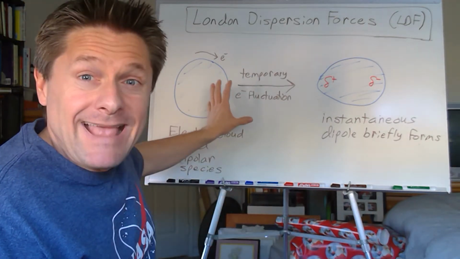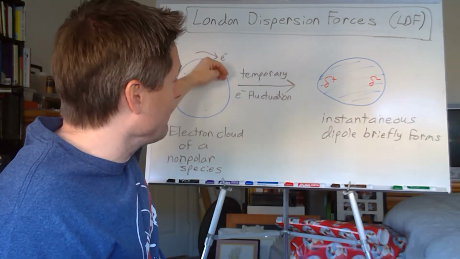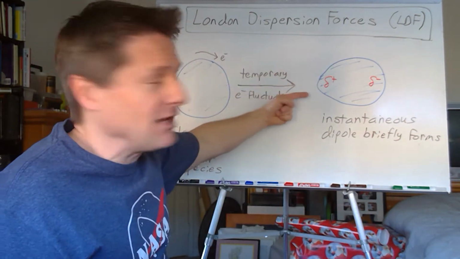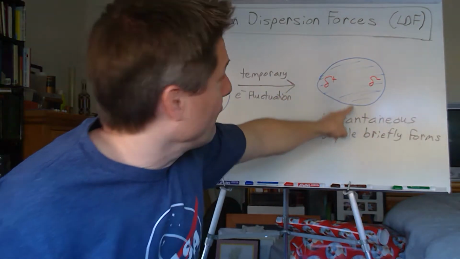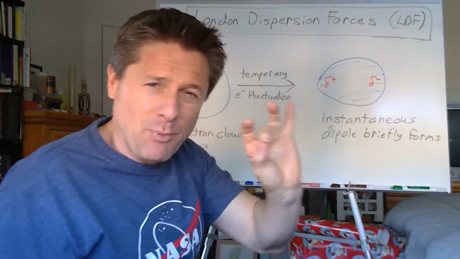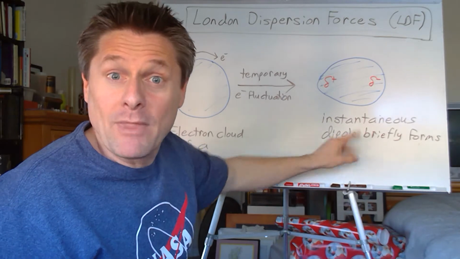So by itself, this really isn't a big deal, right? And so what happens is you get this electron flash. So temporarily, you get this electron fluctuation where you got a few more electrons on this side than this side. So very briefly, you get this flash of this dipole. We call that an instantaneous dipole that briefly forms.